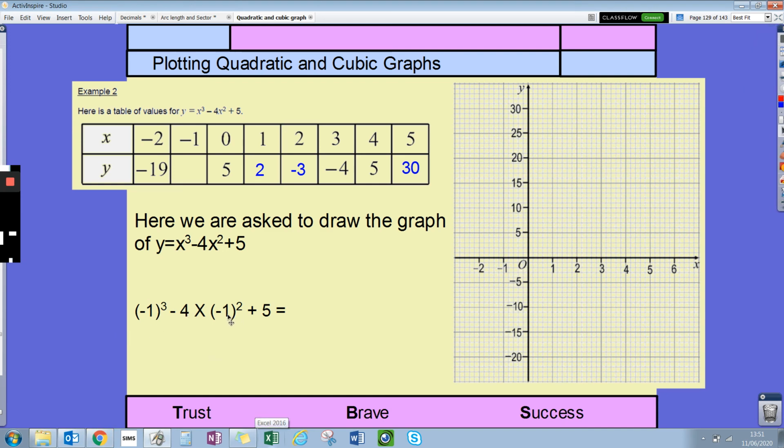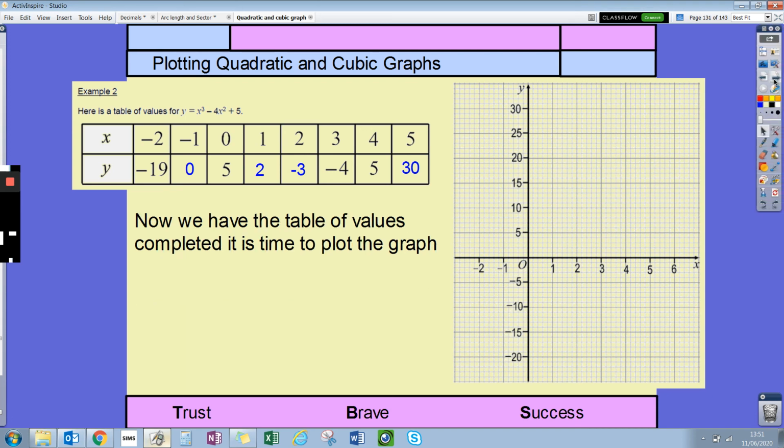And then here, negative 1 squared is positive, because it's a negative times a negative. So we've got 1 times 4, which is 4. And then we need to add 5. So we've got negative 1, take away 4, add 5. Negative 1 take away 4 gets more negative, so that's negative 5. Add 5 gets less negative, so that's 0.